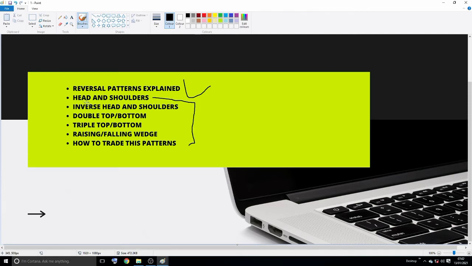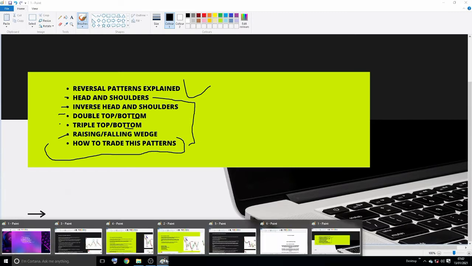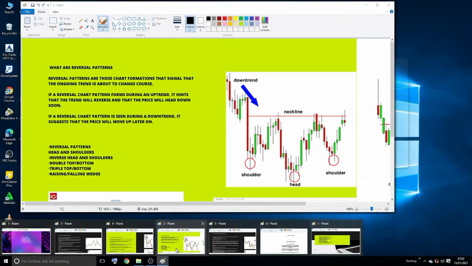We have the head and shoulders, the inverse head and shoulders, double bottom, triple bottom, double top and triple top, and rising and falling wedges. We will also explain how to treat these patterns and how we can capitalize on them. So let's continue.